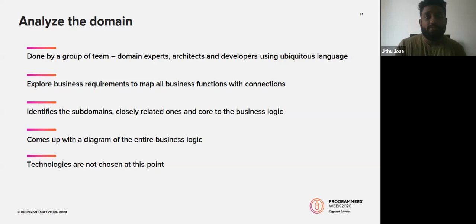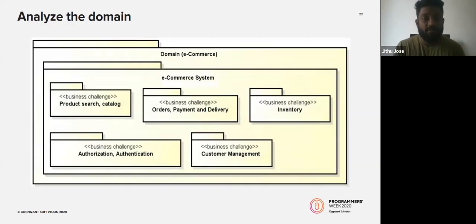When we think about e-commerce, there will be a lot of connections between departments for things to happen. There is a small diagram I have included. This is a diagram that we designed as part of the analysis of the domain. We can see a particular business challenge can be considered as a business unit.